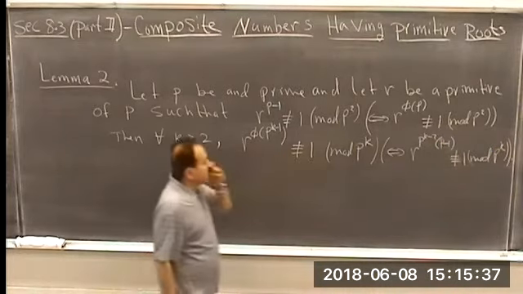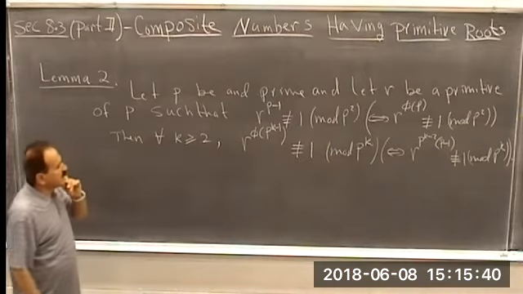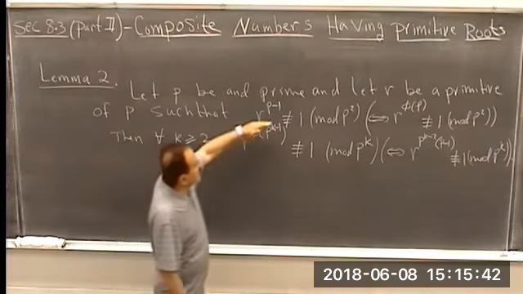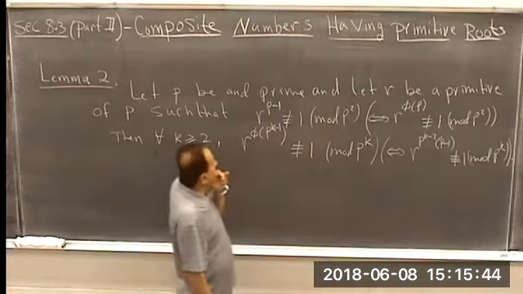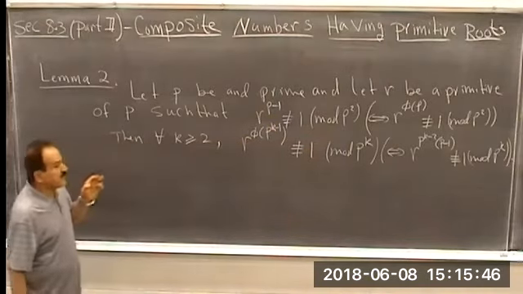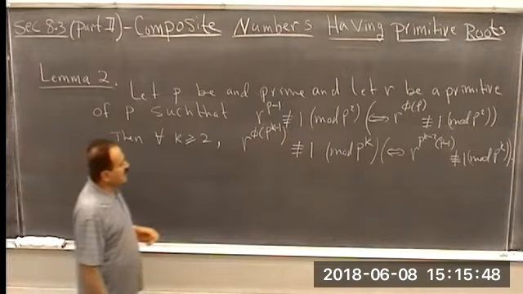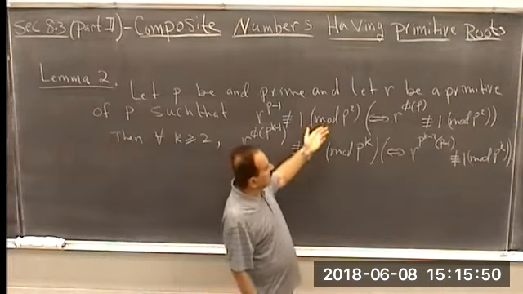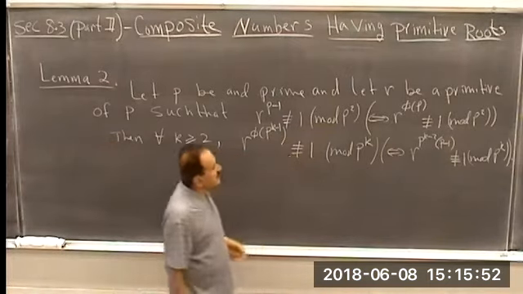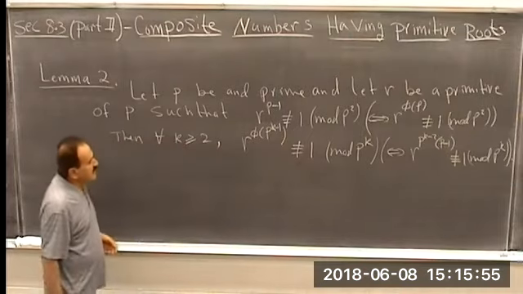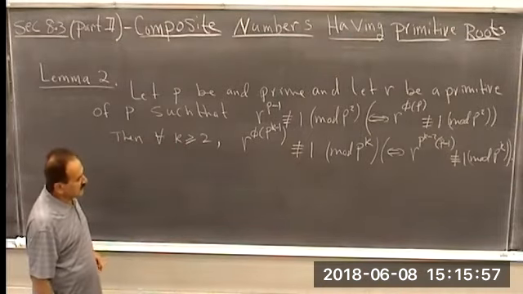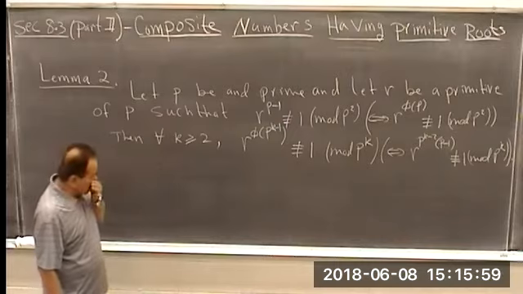All right, so there's some similarity between the two, and we used this one to show that r or r plus p is a primitive root for p squared. So we're going to use this to show that the same thing is true for p to the k, for any k bigger than or equal to 2.